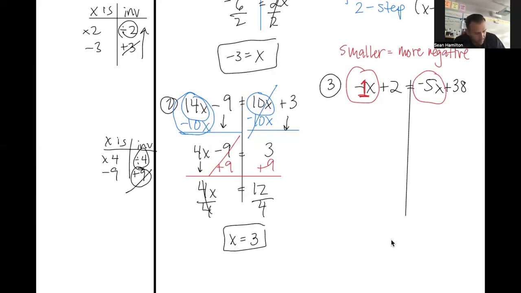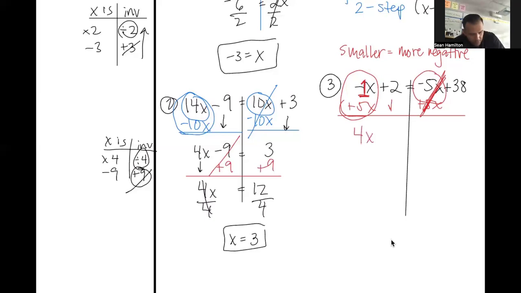So since it's a negative 5x, I'm going to solve that by doing plus 5x. Plus 5x, now they cancel. Negative 1x plus 5x. You could think of that as 5 minus 1. 5 minus 1 is a 4x.